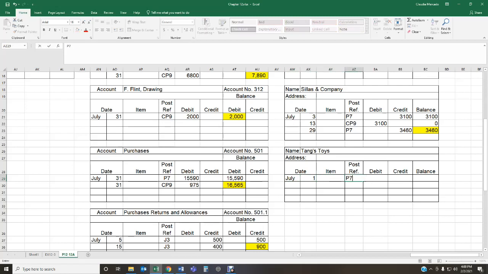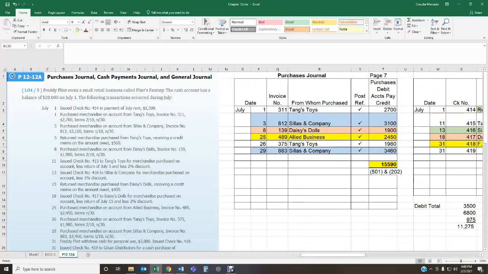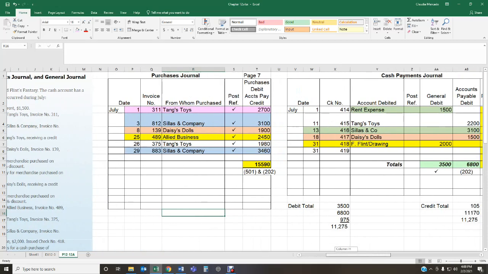This is Purchases Journal number 7, and we have a credit of $2,700. Okay, so that takes care of that first transaction, that purchase right there. Okay, and then on the 26th, we have another one, but we still have more transactions. Whenever we're posting to our ledgers, they have to be in date sequence order, okay? So that happened on the 1st.